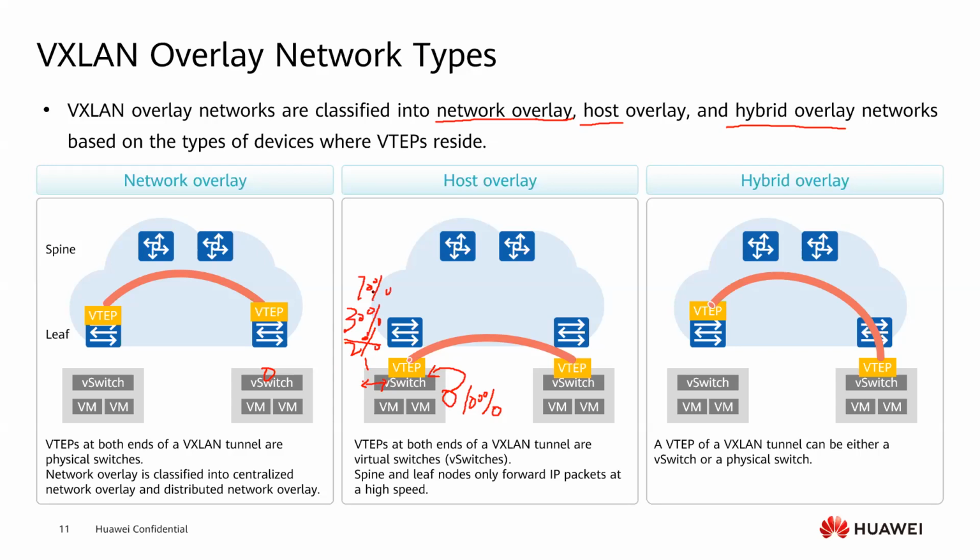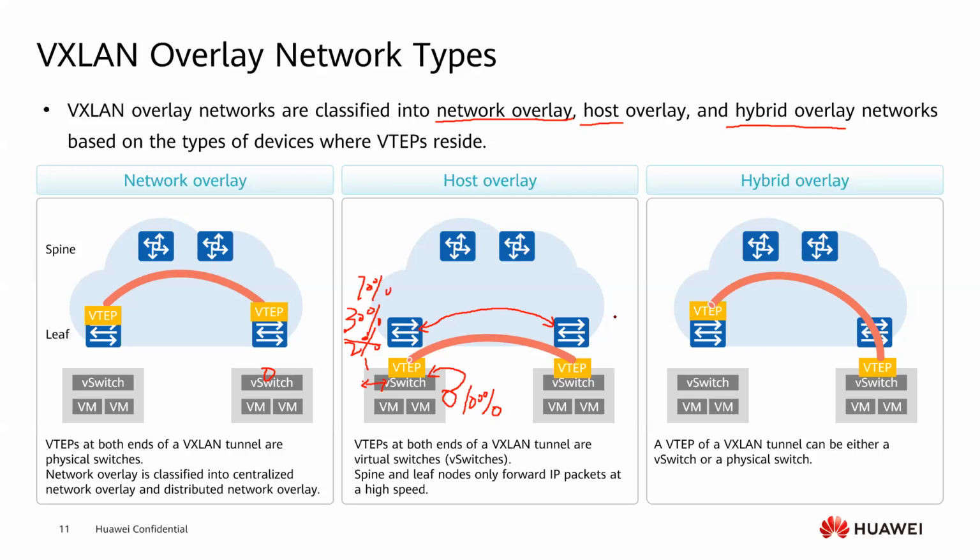For example, if you use the network overlay, the access switch should have the capability to function as a VTEP. Normally, to function as a VTEP requires the switch to have higher performance, which means it should be a high-end access switch.